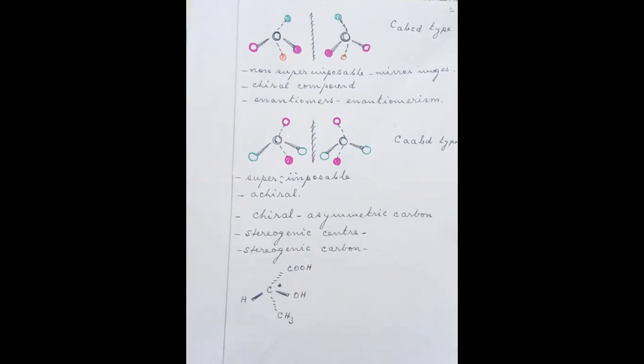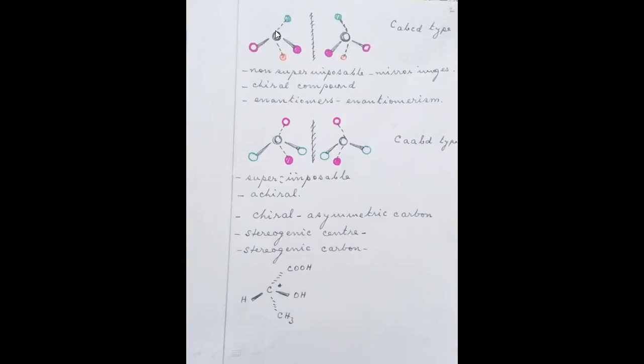Look at this first diagram. This is how a tetrahedron or a three-dimensional figure is drawn in a two-dimensional sheet. See the solid wedges, the horizontal solid wedges. If the bond is drawn like this, that means that these two groups are projecting towards the viewer.